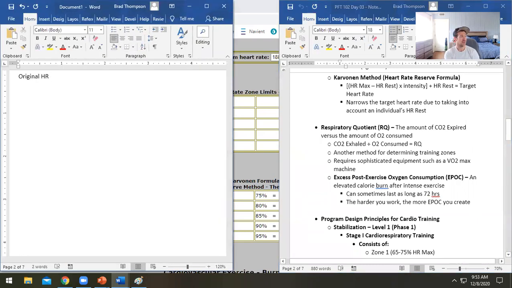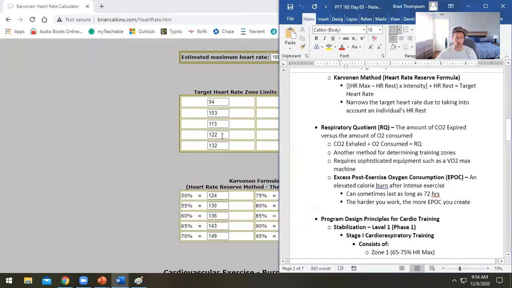Original target heart rate. So we'd have 65 to 75%, which for me would be 122 to 141.